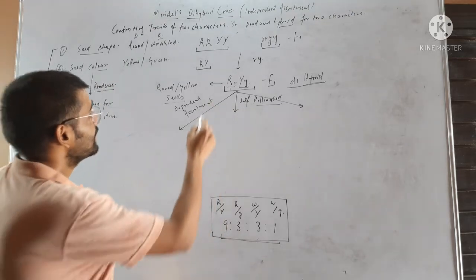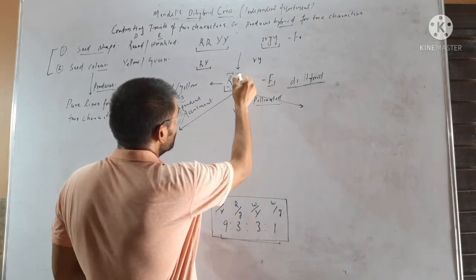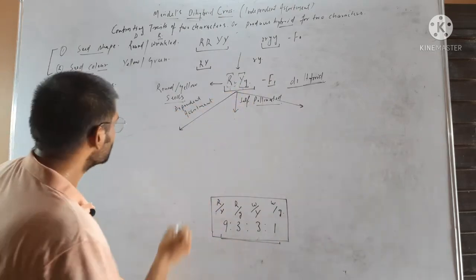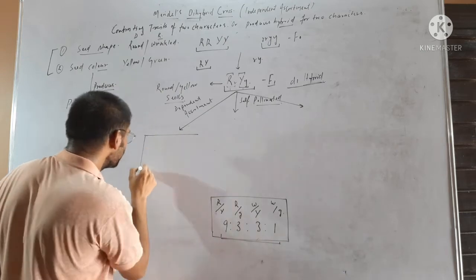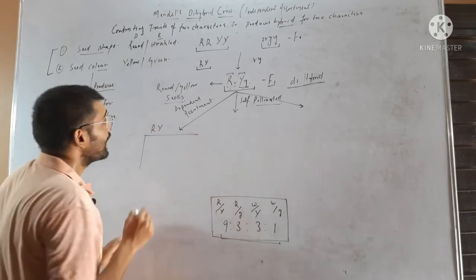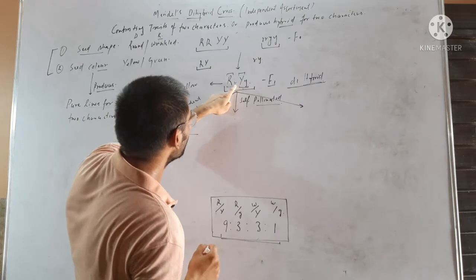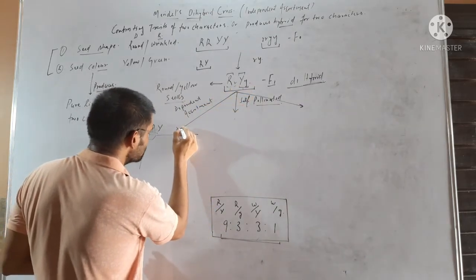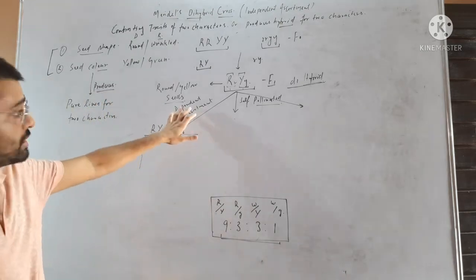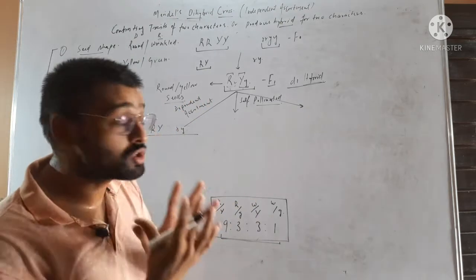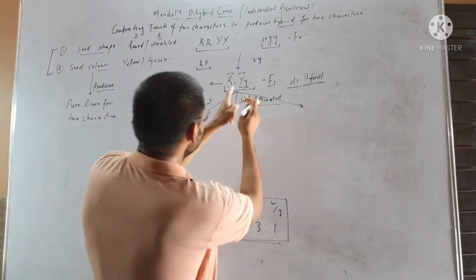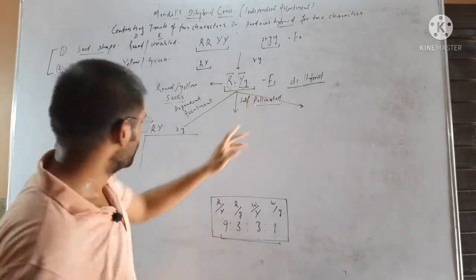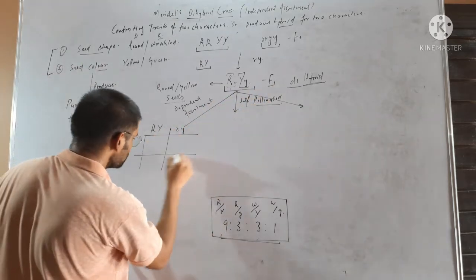It means this allele is dependent on or linked to this allele: capital R is always linked to capital Y, so the gamete will be RY, and small r is linked to small y, so small r always goes with small y. If dependent assortment is true, then they will go with each other, and two types of gamete will form.